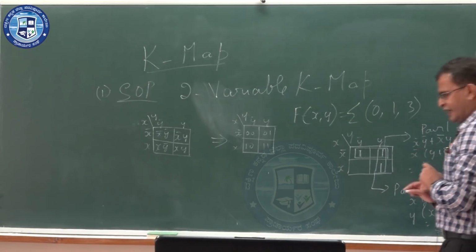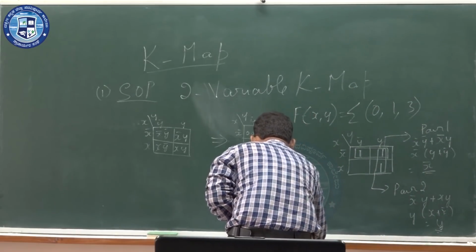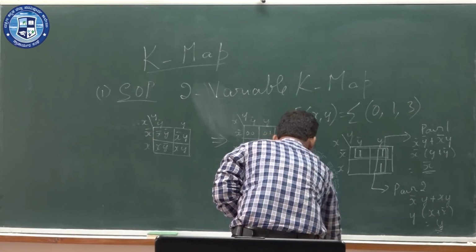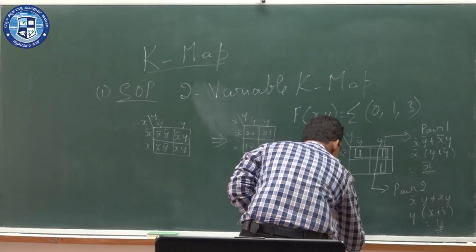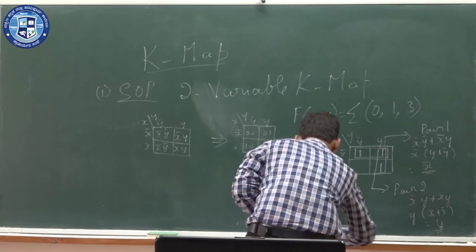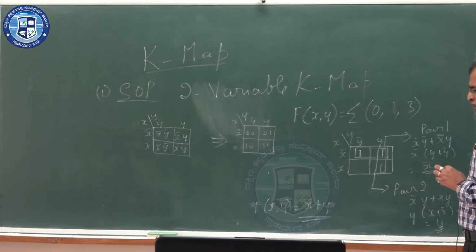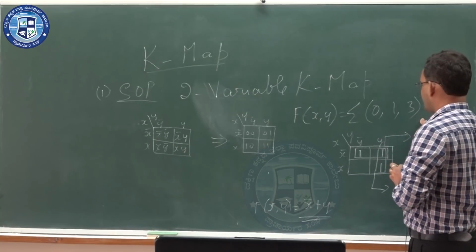Now, two pairs. The final answer, that is the final answer of f of x comma y is equal to x bar plus y. So, we have reduced the expression for the given problem.